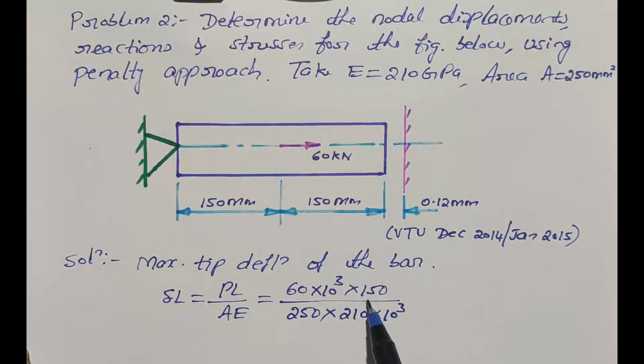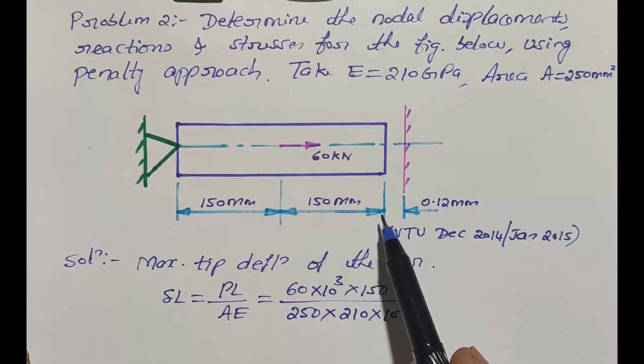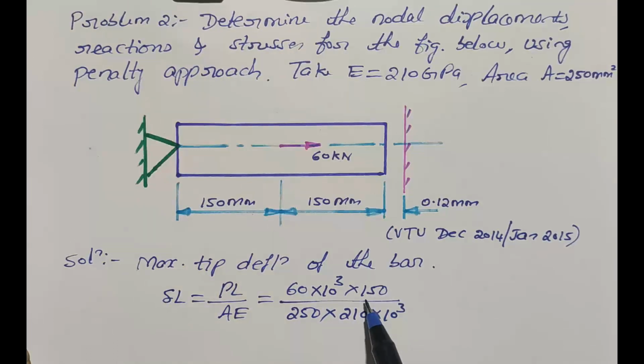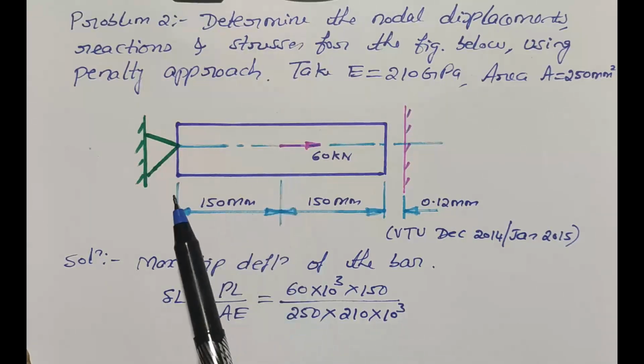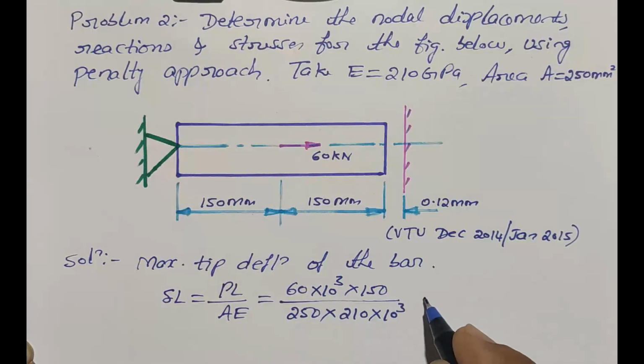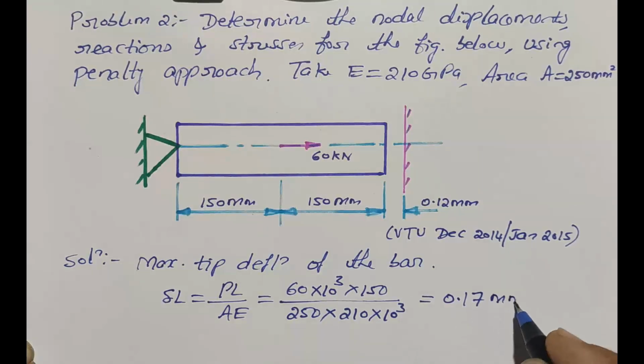Here I have taken the length as 150 mm, but total length of the bar is 300 mm. Why I have taken 150 mm? Because this 60 kN load is acting at a distance 150 mm from the fixed end. That's why I have taken 150 mm. If we simplify this, we will get 0.17 mm. See, this is the maximum tip deflection of the bar.